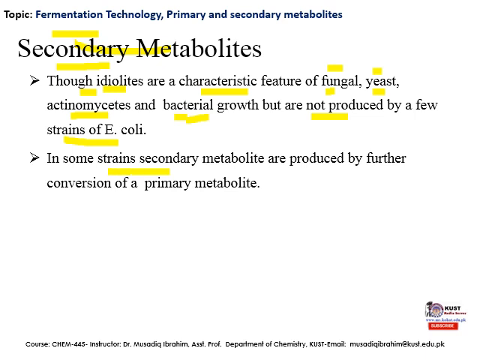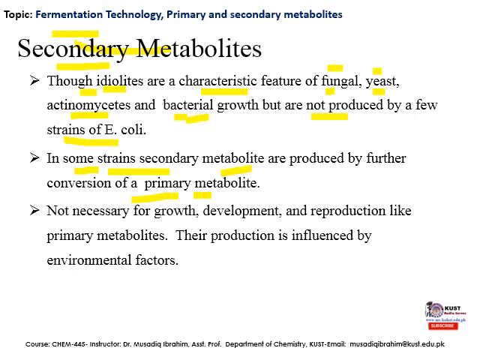Now, in some strains, the secondary metabolites are produced by the conversion of primary metabolites. So it means that when the primary metabolites have been produced, they are then converted into secondary metabolites, but that is possible only in some strains of microorganisms.